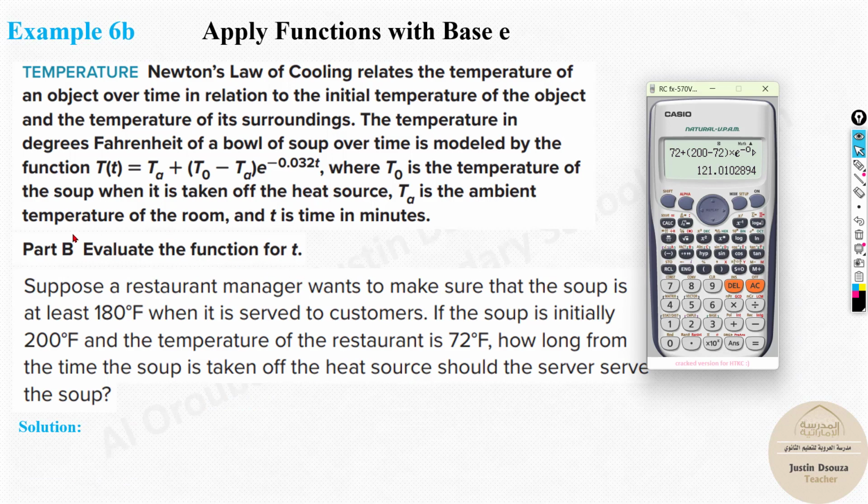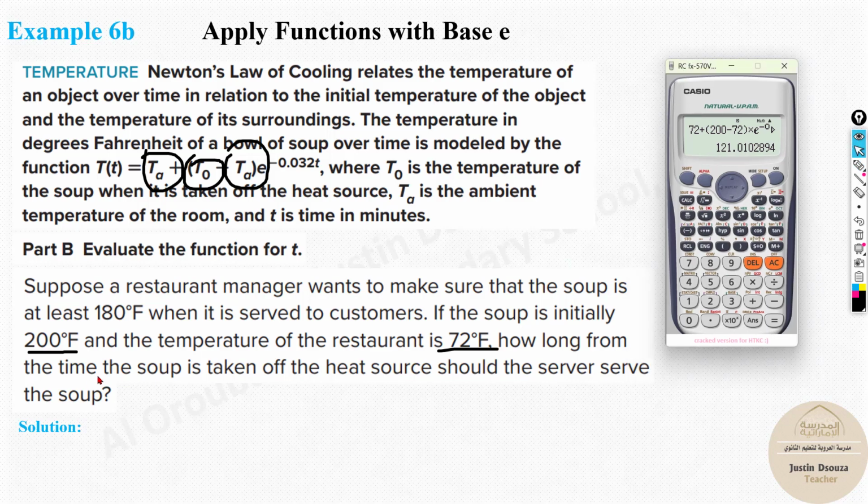Now here we have another question, but part B is to evaluate the function for time t. Suppose a restaurant manager wants to make sure that the soup is at least 180 degrees Fahrenheit when it is served to the customers. If the soup is initially 200 degrees Fahrenheit, T naught is 200, and the temperature of the restaurant is 72, how long from the time the soup is taken off the heat source should the server wait to serve the soup?